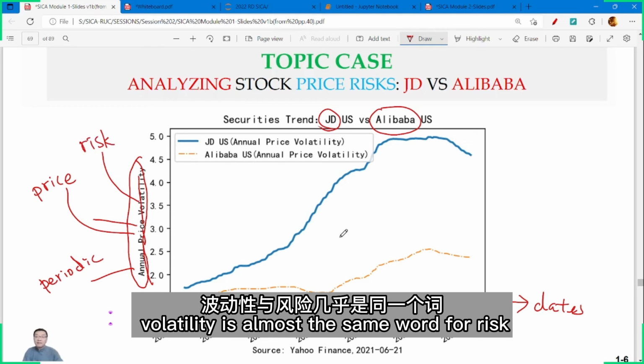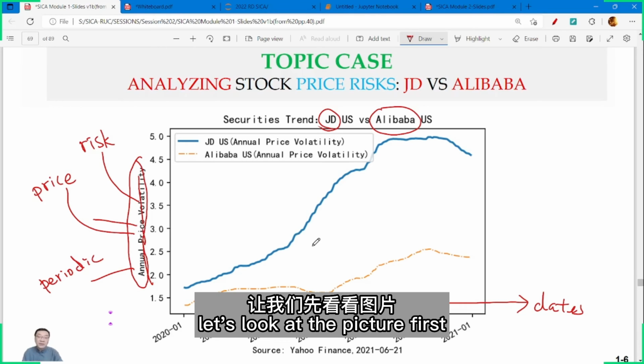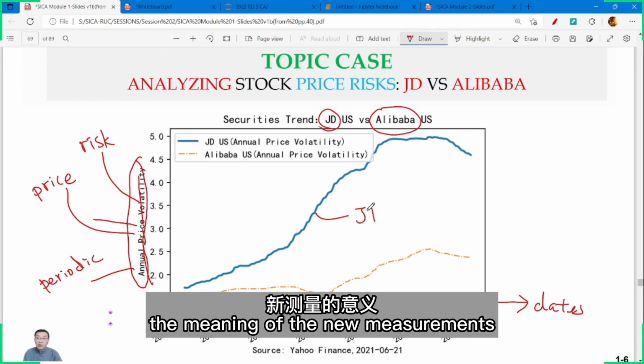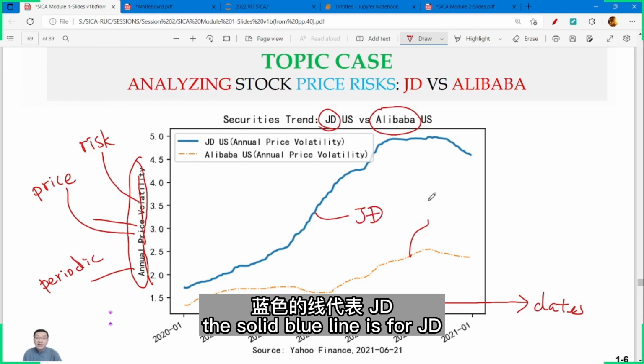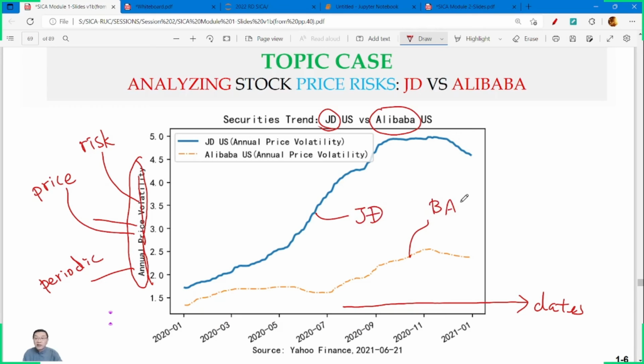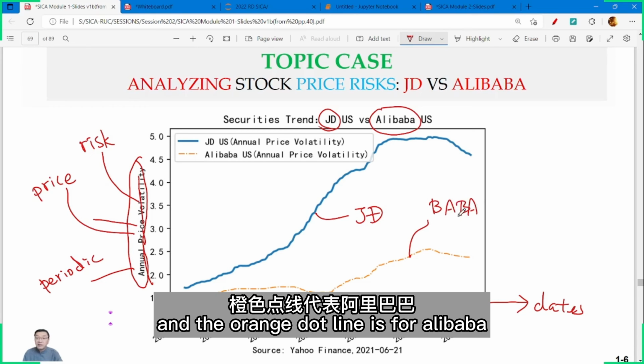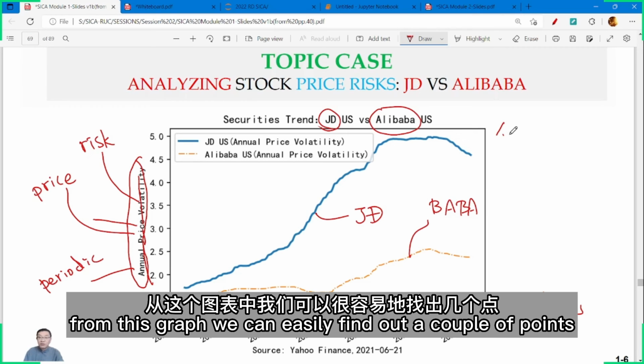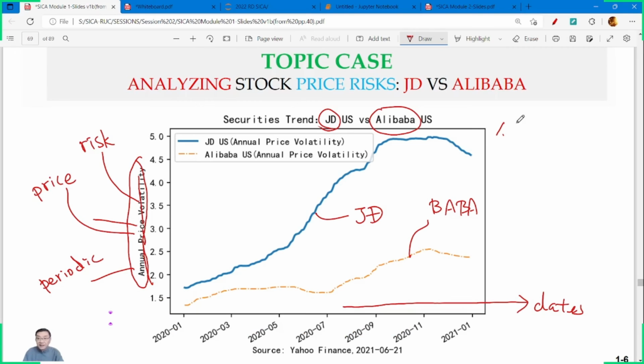Let's look at the picture first. Then we will explain the meaning of the new measurements. The solid blue line is for Jingdong. And the orange dotted line is for Alibaba. From this graph, we can easily find out a couple of points. First point, Jingdong's stock price risk is higher.